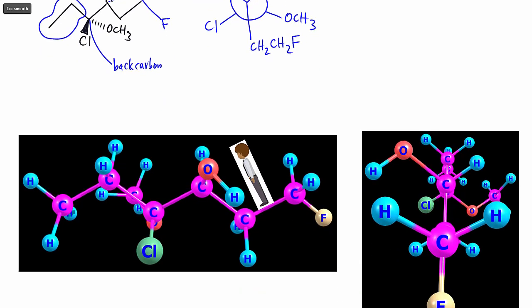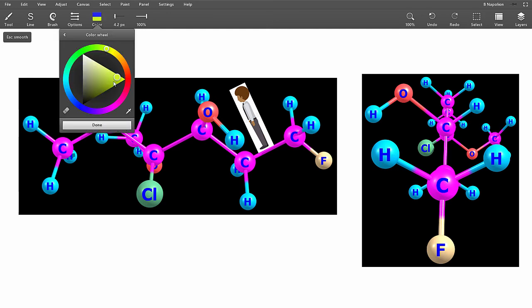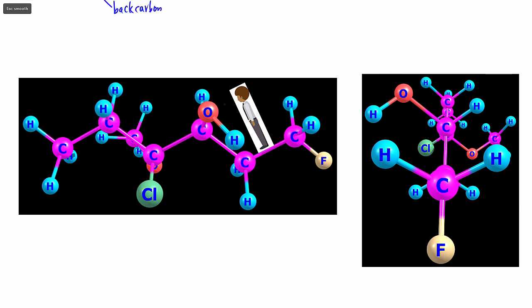Now, if we quickly insert the eyeball of the person, this is what we see right there. So he is looking directly at that carbon. Okay. So this is what he sees by this being the front carbon. Okay. And this is going to be the back carbon. Okay.